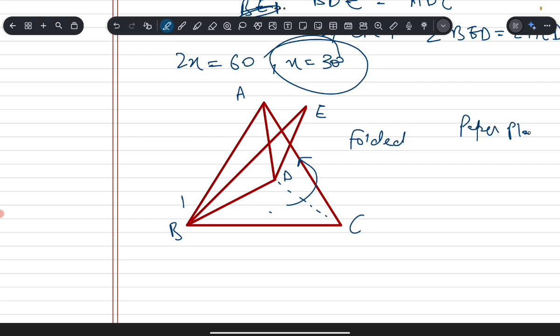Paper planes, you fold a paper. It's exactly like you folded it along BD, you just made a crease at BD, and you folded it such that point C reached there at E. Are you able to visualize this? You folded triangle DCB such that it went there, and it became this ugly looking diagram.